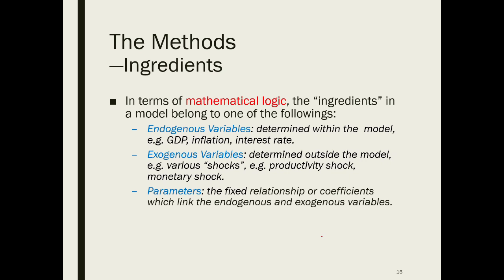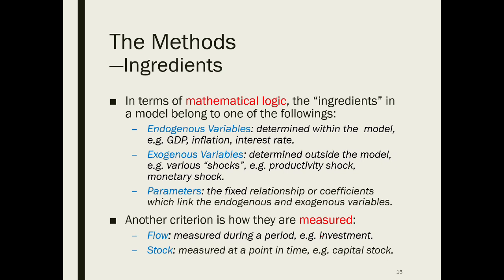Another logic of classifying variables in a model is by measurement. If the variable is measured during a period of time, then it is a flow variable, such as births and investment. If the variable is measured at a point in time, then it is a stock variable, such as population and capital.